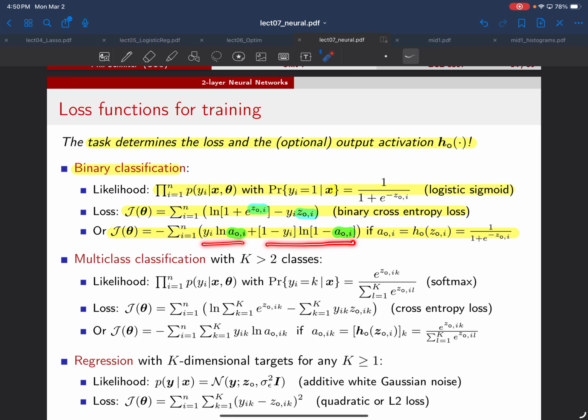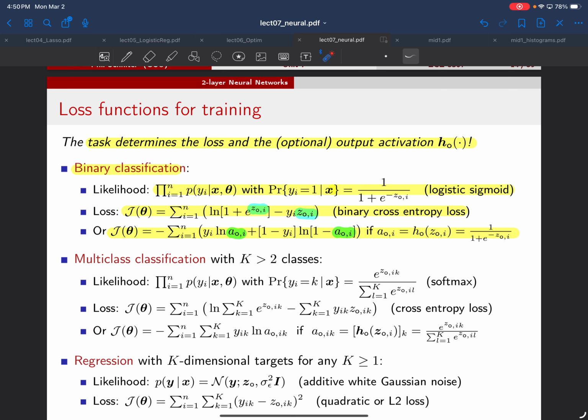This is really where the name comes from when we talk about cross entropy. Okay, so you have two options. I'll talk about the implementation in PyTorch in a few more slides. But basically, you have to choose the loss in a compatible way to how you built your network.